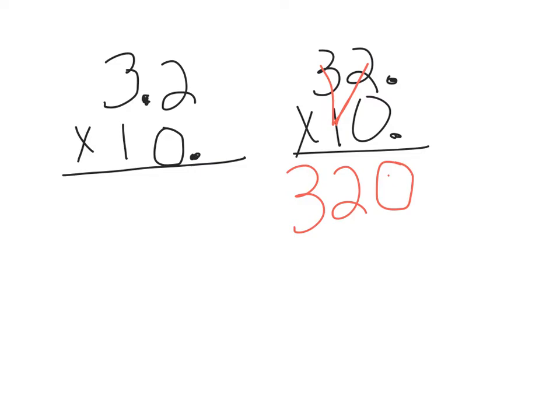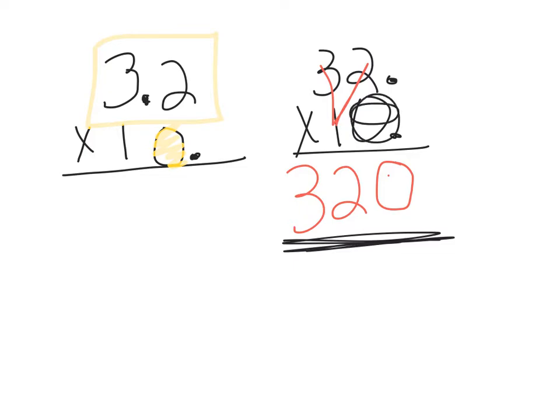So we have 1 0 here, and our decimal in this number is going to move 1 time. We do the same thing over here because the number started out at 32. We had 1 0 here. We took that decimal that was hanging out ninja style and we moved it over once. And now it's 320.